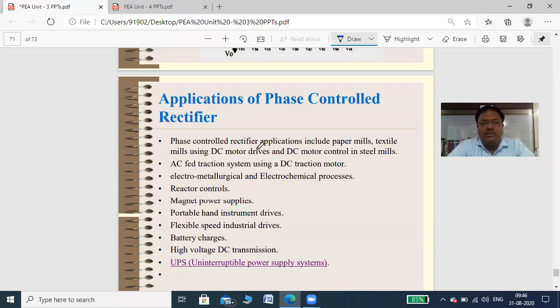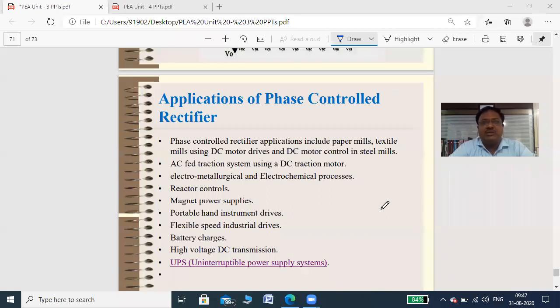So high voltage DC transmission, because an AC transmission system requires maybe 4 wires, right? And definitely there are a lot of energy losses in AC transmission. So conversion of AC into DC with the help of converters, and then transmit that DC through a single wire or maybe 2 wires. So in a DC transmission, only one or two wires are sufficient to transmit the energy from one place to another place, right?